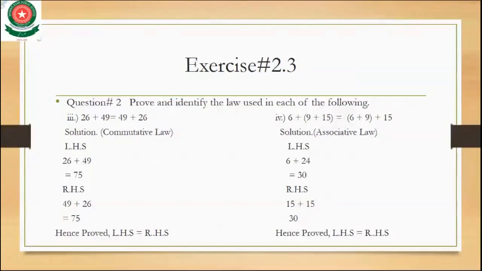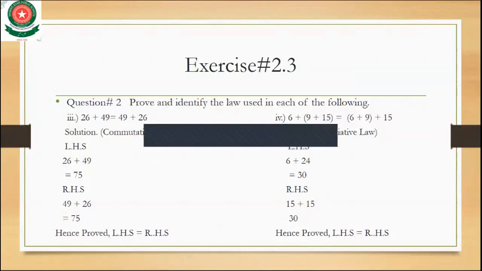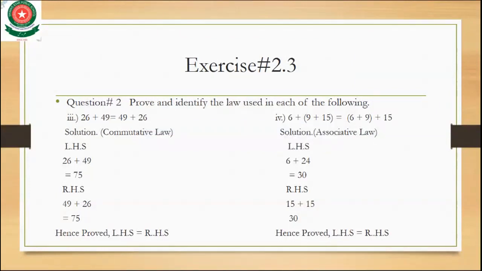Then take the right hand side, the second step. First we add those numbers which are in the bracket, so add 6 plus 9. When you add 6 plus 9, the answer will become 15.